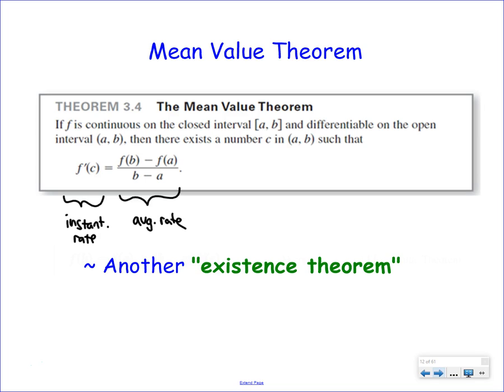Which theorem is connected to MVT? Yeah, Rolle's. Because Rolle's and MVT both say there's guaranteed to be a derivative such that. Rolle's just says, what if f of a equals f of b? It'll be 0 over a number, which is 0. So Rolle's says, if those are the same, then not only do we know what this is, but it will also be 0. At least one place.